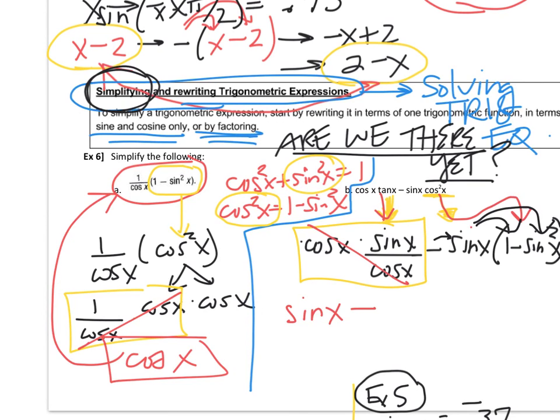So minus sine of x times 1 is going to give me the minus sine of x, and then a negative sine of x times a negative sine squared of x, distributing that actually gives me a plus sine cubed of x. And so because these are like terms, those are going to cancel out, and what I'm left with is just sine cubed of x.